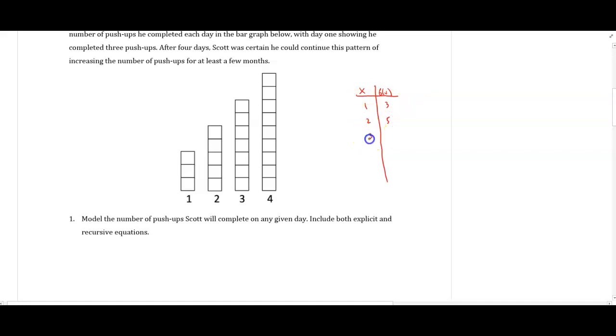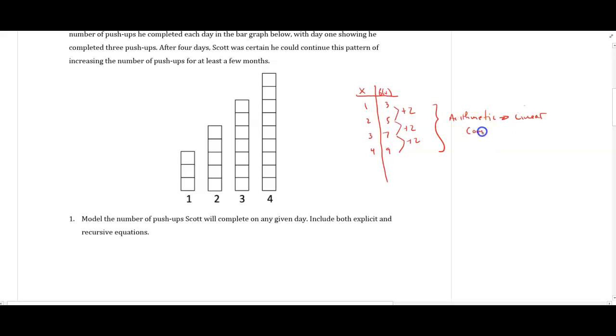Day 3, 7. Day 4, 9. So right away when we look here, what is going on each time? I know I'm not multiplying by the same amount. Here I go up 2. Here I go up 2. I go up 2.